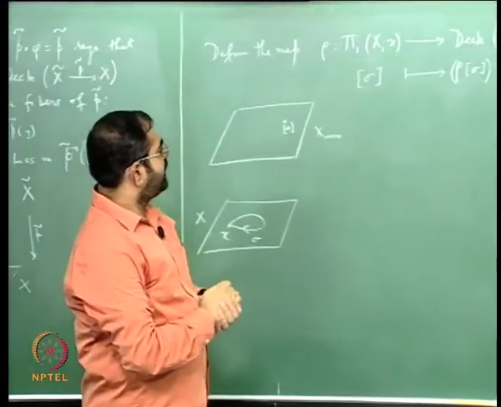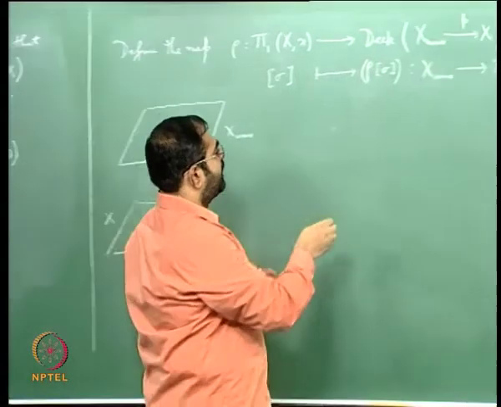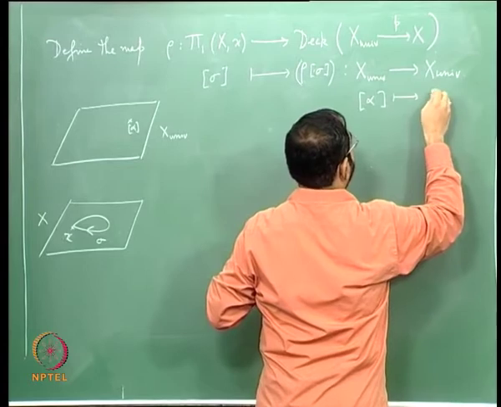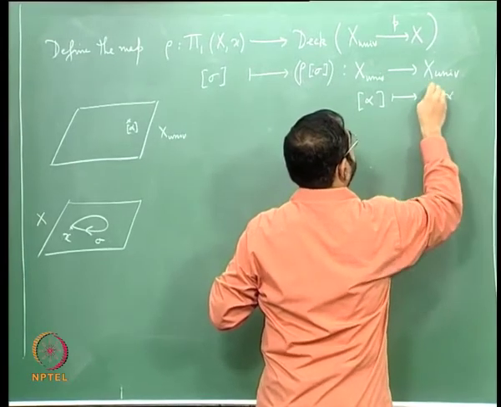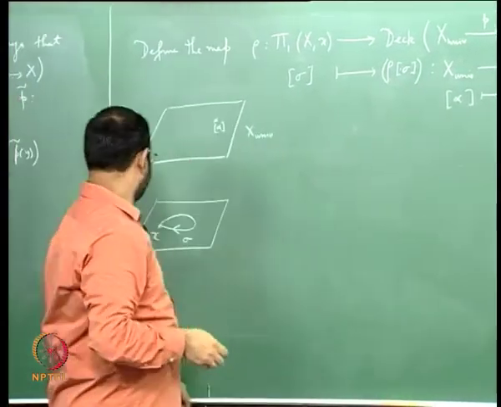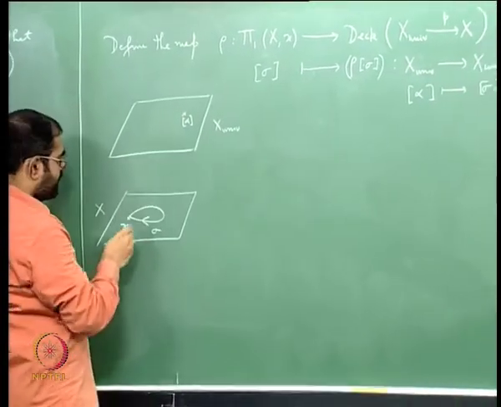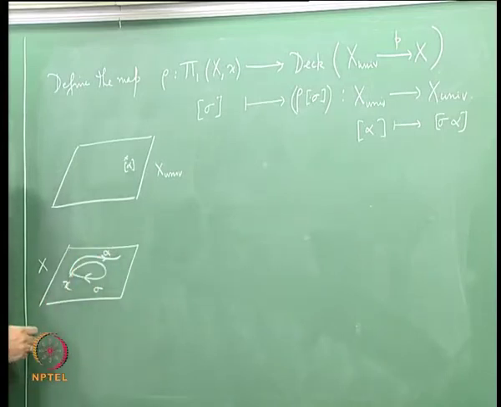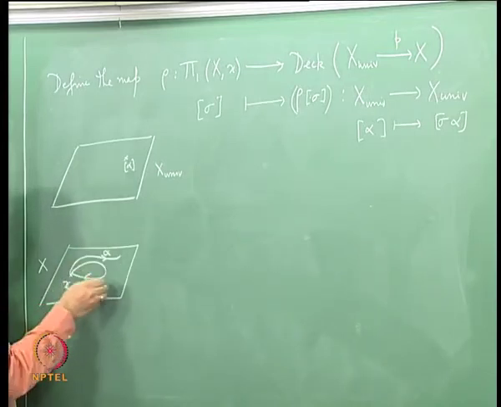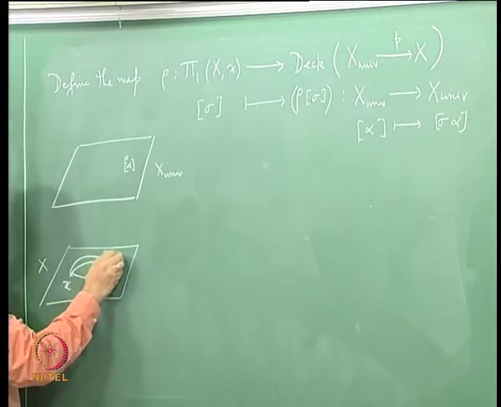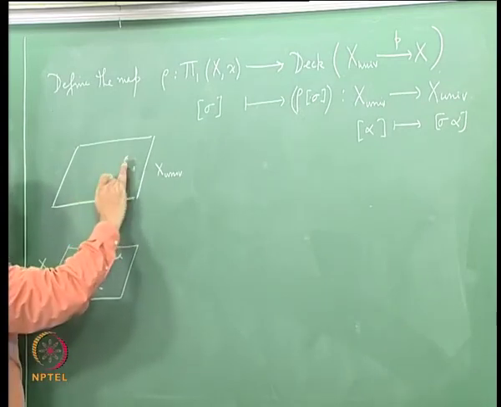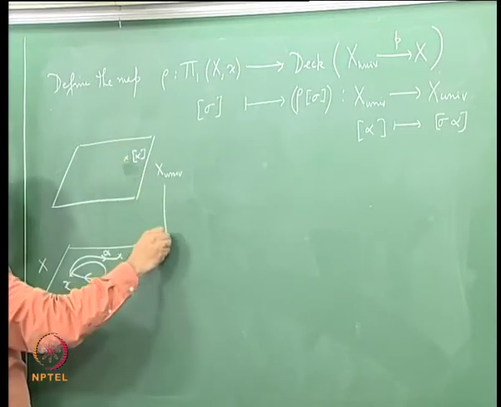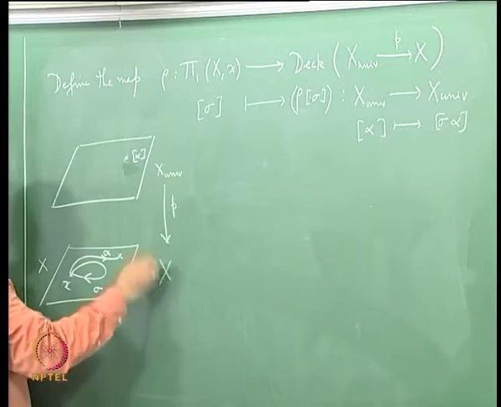Okay, and what is this map? I will send alpha to sigma alpha. Okay, so you see, if I start with the point alpha, that's going to give me a path here. Okay, all right, and then it's going to end somewhere, and this point is going to be the point to which this alpha is going to be mapped under the covering projection.